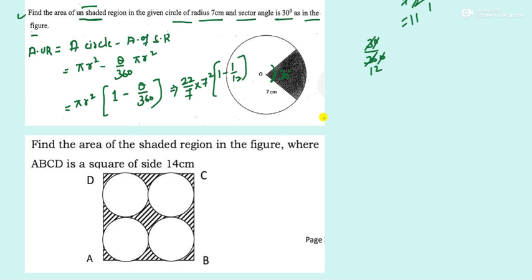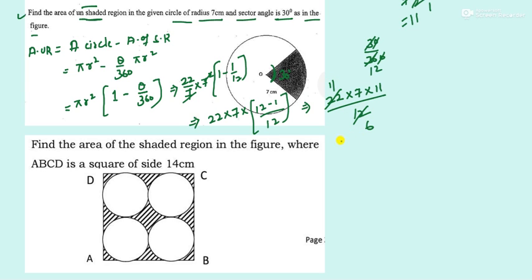Okay. So now I will write it here. This 7 will get cancelled. You will get 22 into 7 into, if you take LCM, 12 minus 1. What is that? 11. So 22 into 7 into 11 divided by 12. Got it? So we can solve it like this. Cancel it. 2 11s are 22, 2 6s are 12. Correct? Now 11 11s are how much? 121 into 7 by 6.